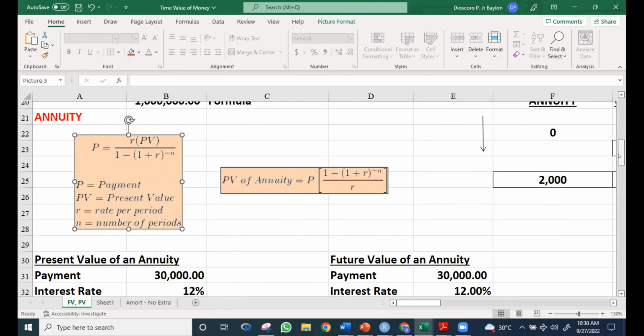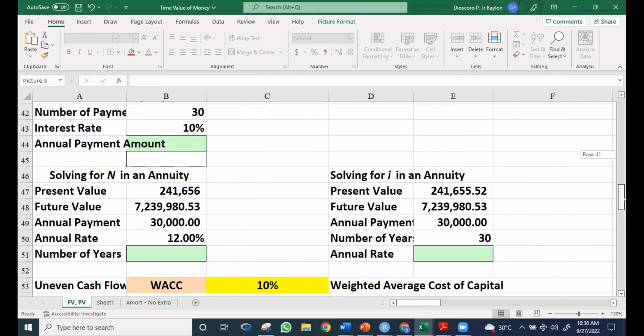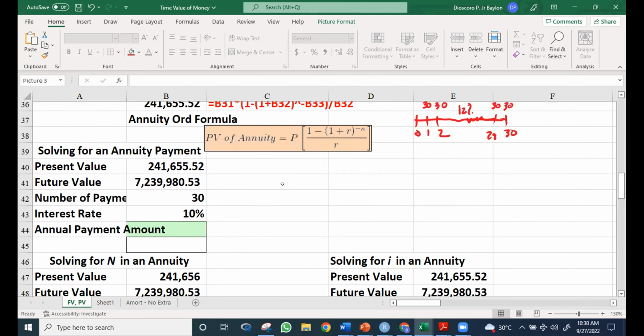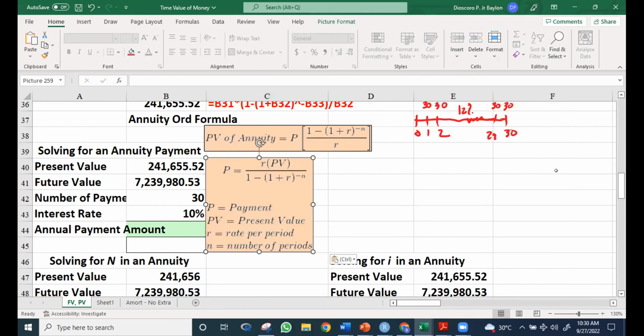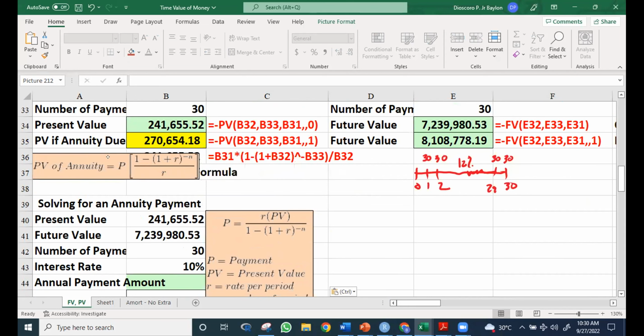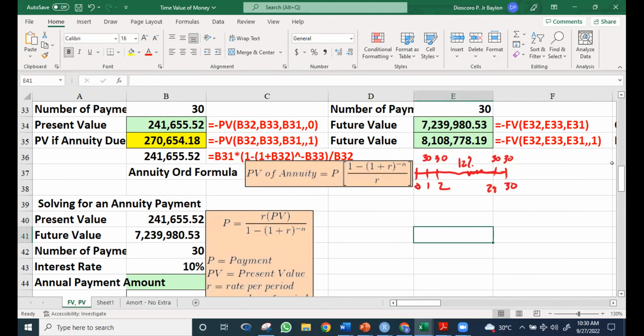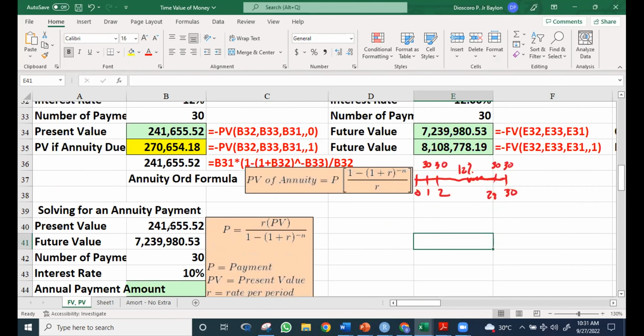Control C. This time, we're given the present value and the future value.